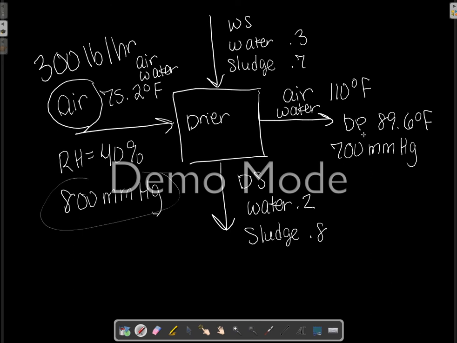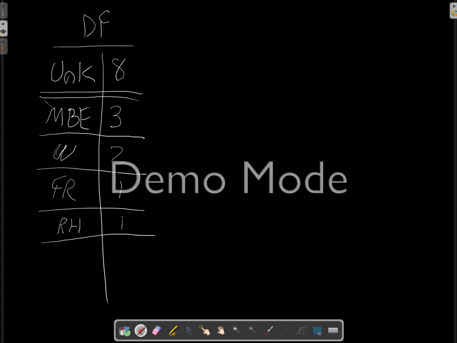So with this dew point of the outlet stream, we have a dew point in degrees Fahrenheit, and we have 700 millimeters mercury, our pressure. So with a dew point, we know that our P star at this certain temperature will be saturated at that temperature, right?